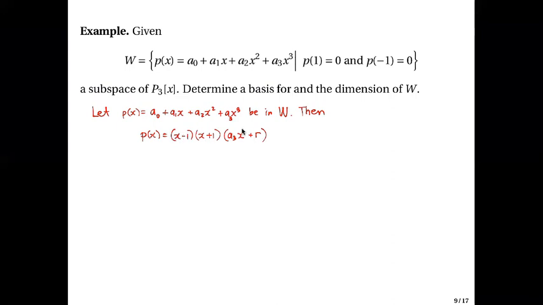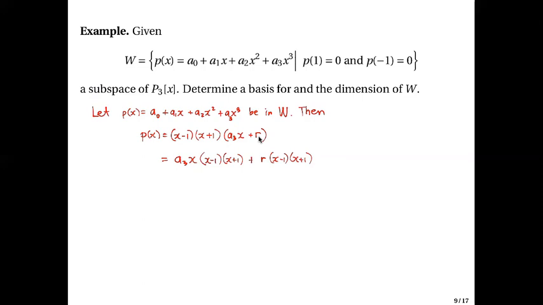So from here, what we're going to do is distribute this x minus 1 and x plus 1 over this sum. So we will see a3 x times x minus 1, x plus 1, plus r times x minus 1, x plus 1.